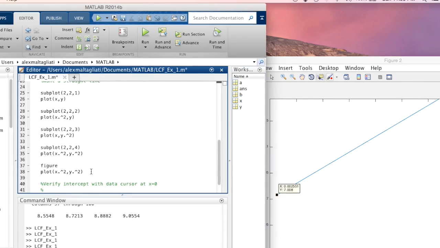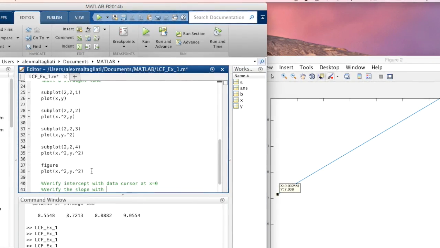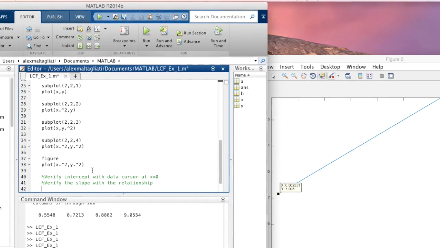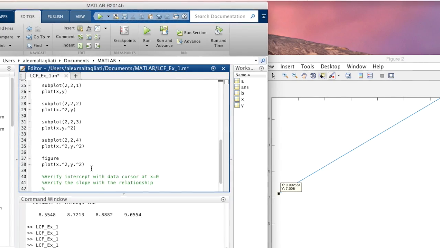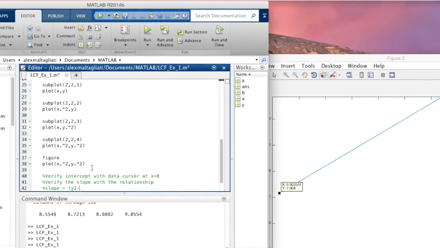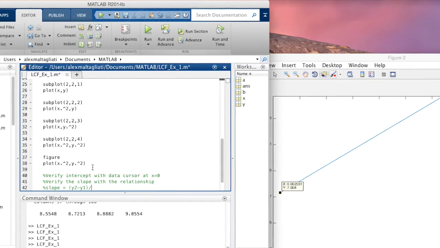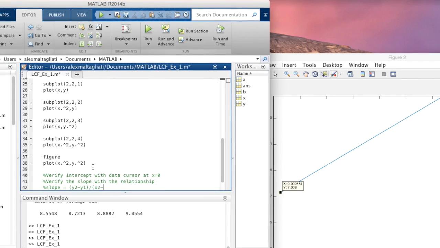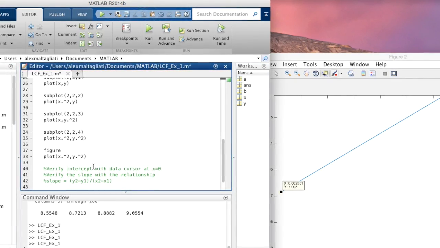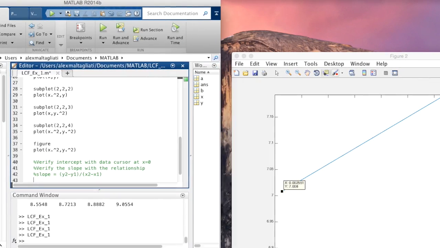And the next step is to verify the slope with the relationship y2 minus y1 divided by x2 minus x1. So basically, we're going to be taking 2 points on this plot here.